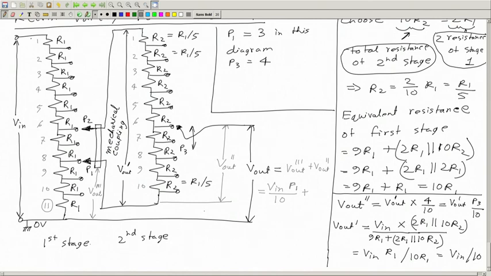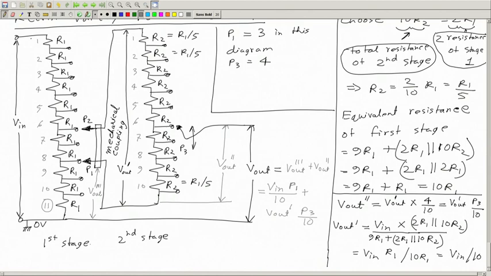V out double prime is here, so let's write it, V out prime multiplied by P3 divided by 10.